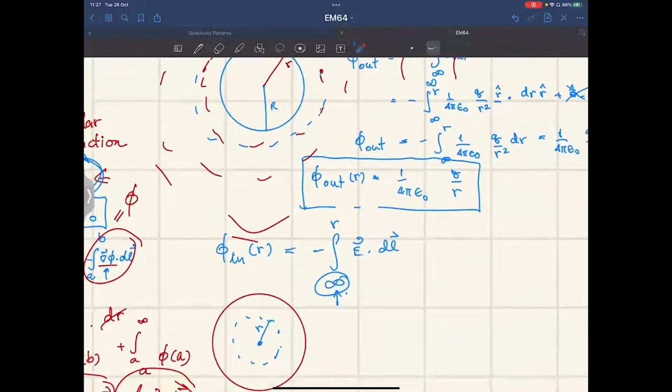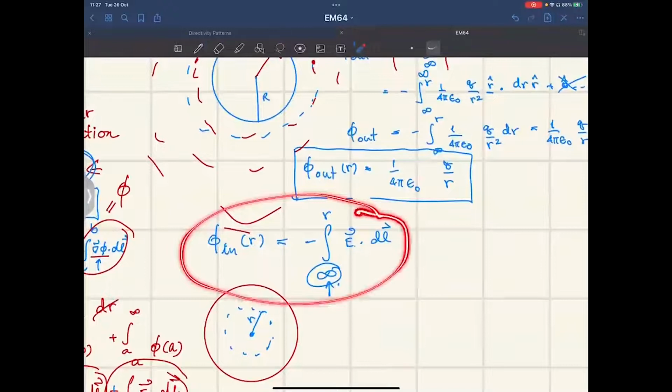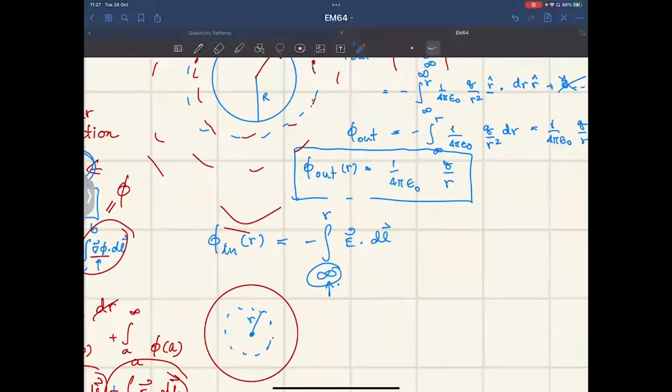So our integration, this thing is just the definition. You cannot escape it. We begin our calculation with the definition, and from here we can split the integral into two parts. The first part is from infinity to the surface of the sphere, right?